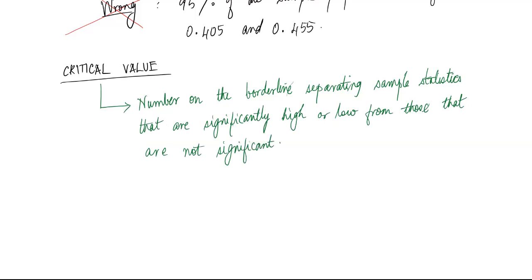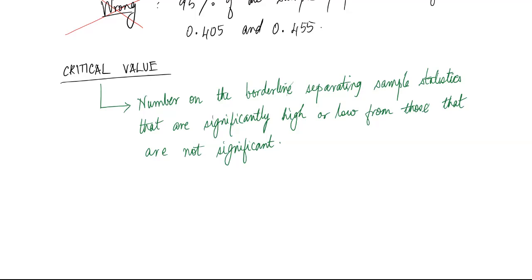Again, if you remember, in the normal curve, if it is one standard deviation this side and one standard deviation that side, we're good. If it's two standard deviations this side and two that side, we're still good because we have 95% of the values contained in there.